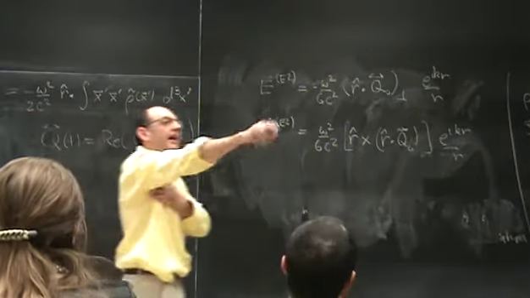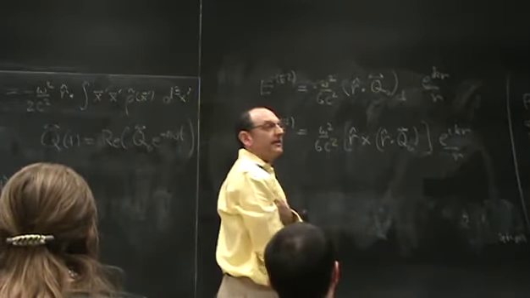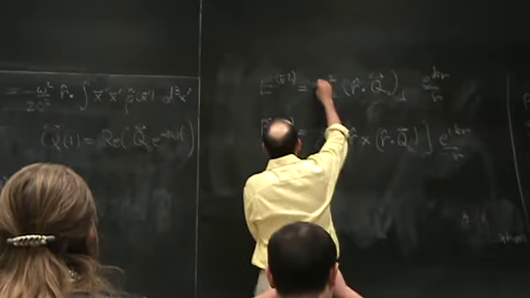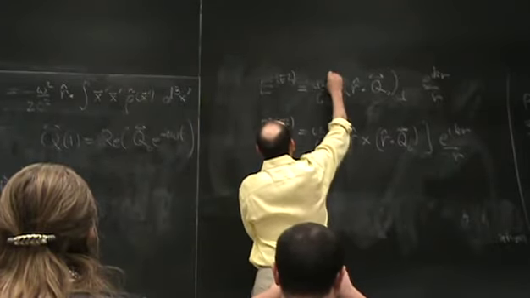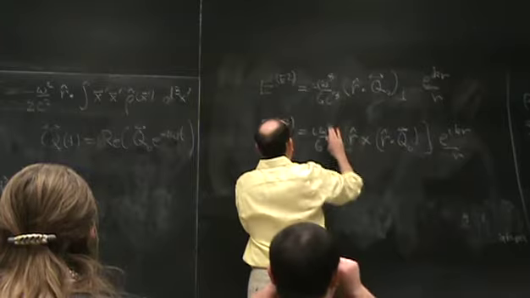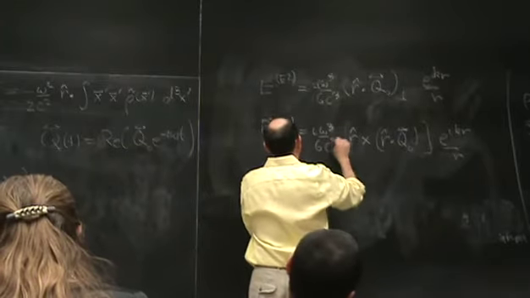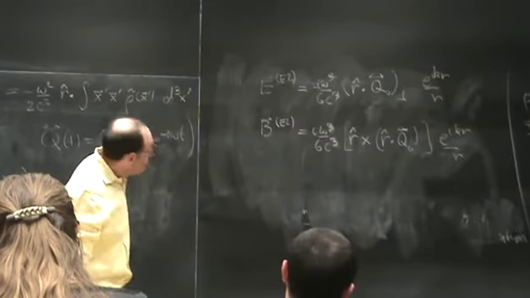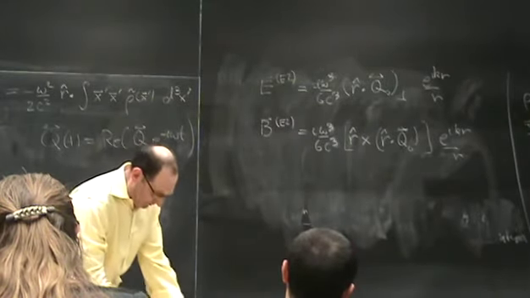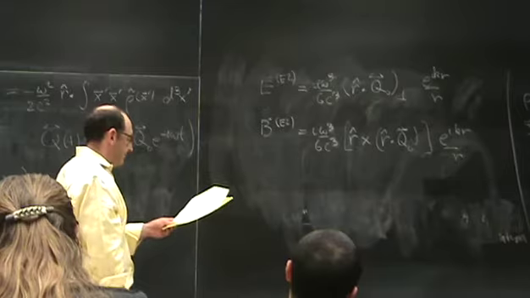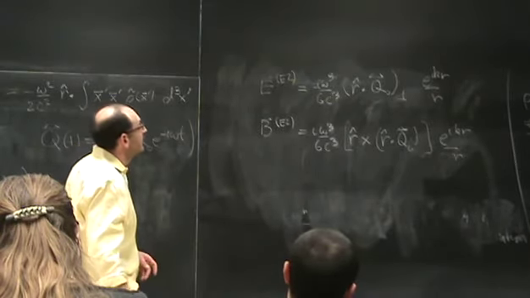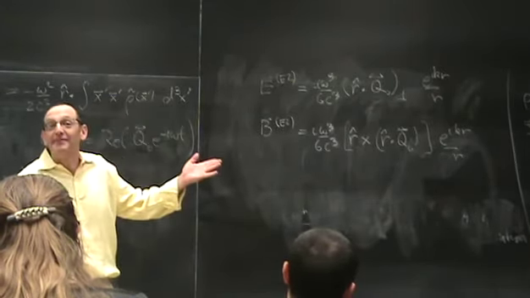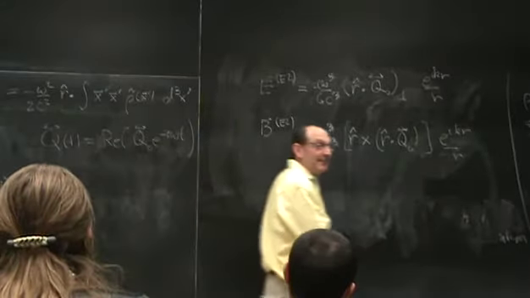Oh yeah, there's that ik over c business. So there's an i, there's an omega cubed. I got it right. Yeah, that looks right. All right, that's what it is.